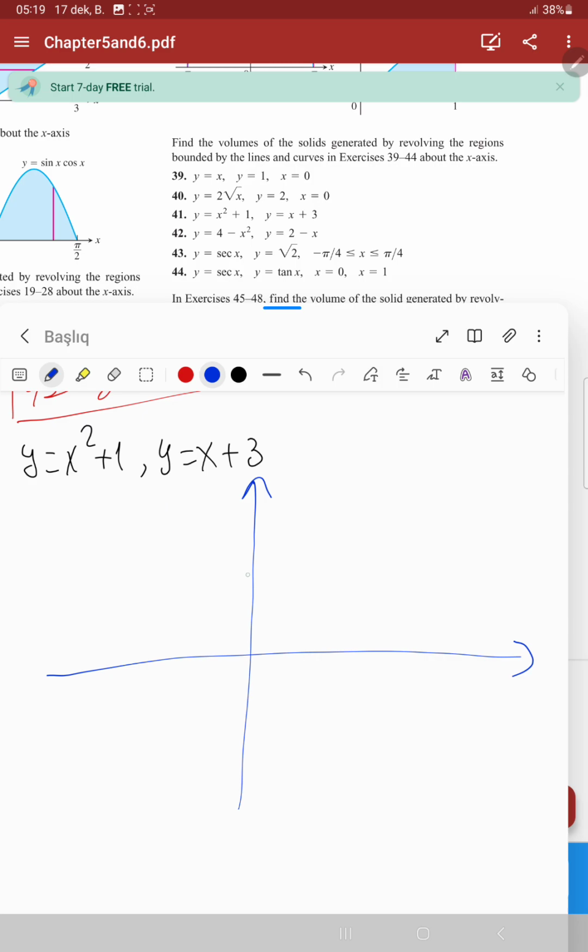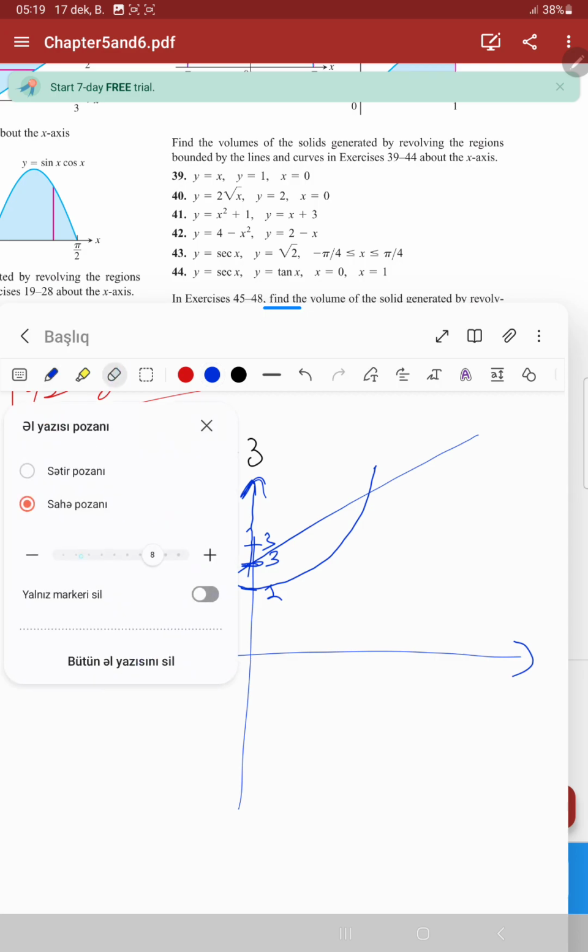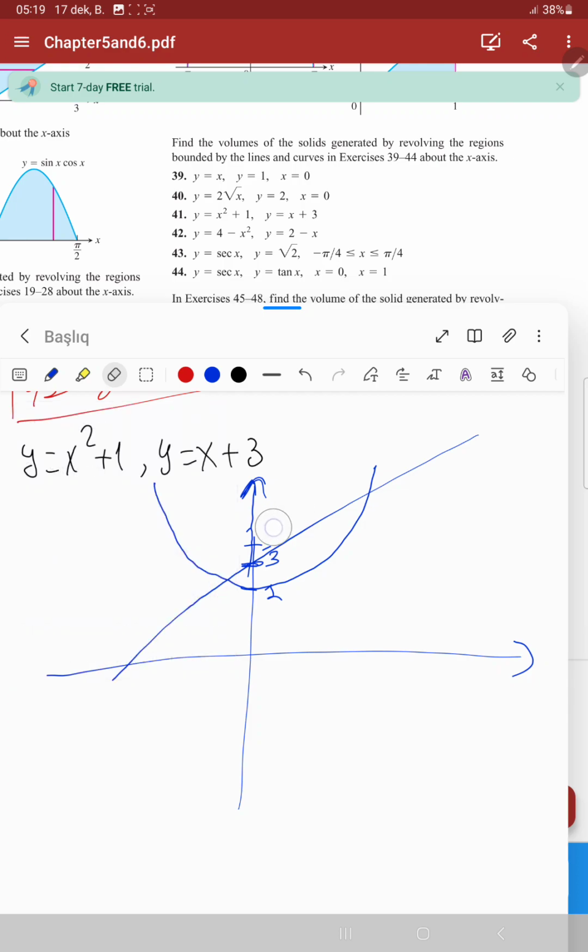It will be, let's say, here's 1, something like this. x plus 3 is, let's say, here's 3, something like this. Okay, let's say here's 3.